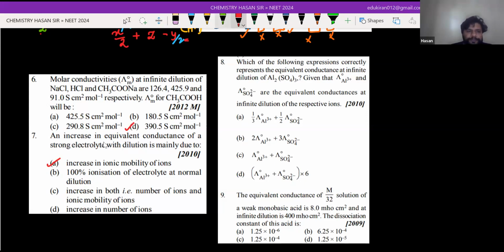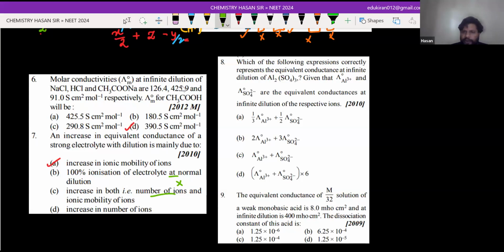The increase in equivalent conductance of a strong electrolyte with dilution is mainly due to 100% ionization of the electrolyte at normal dilution. That will happen whether you increase the temperature or dilution. 100% dissociation has already occurred, so the number of ions does not increase. Why is it so?